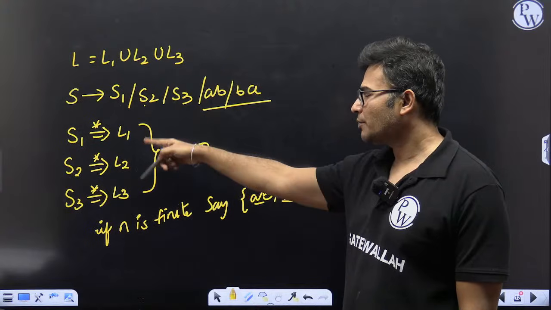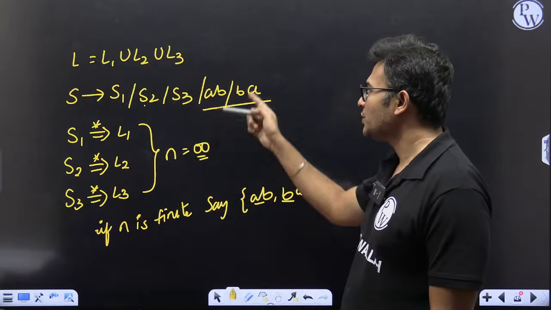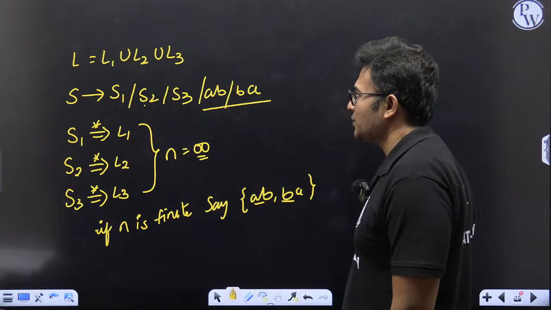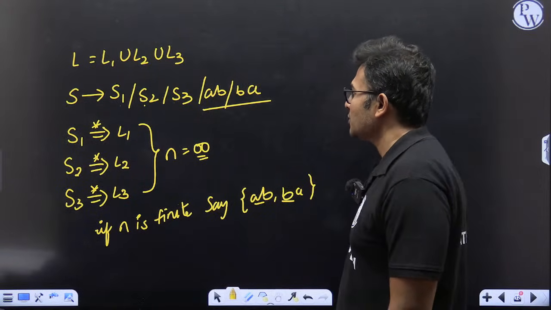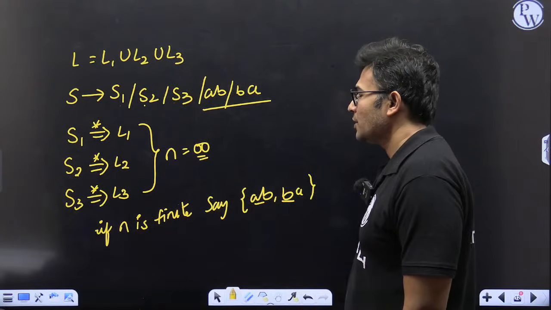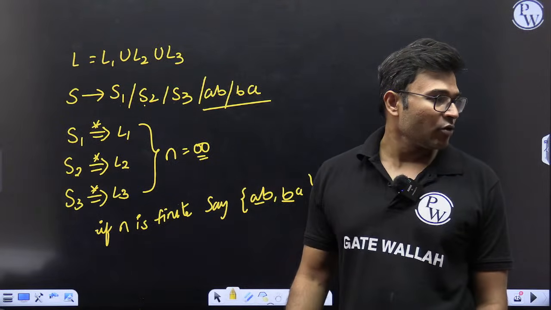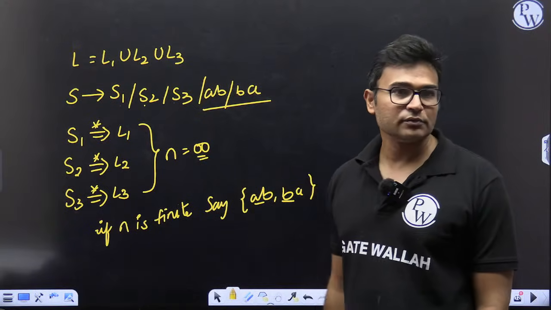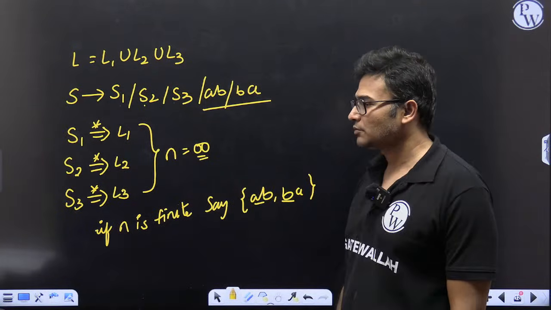So there will be only one way to generate those intersection strings. If they are infinite, I cannot put them all in the S production, because then there would be an infinite number of productions, but the number of productions is finite.